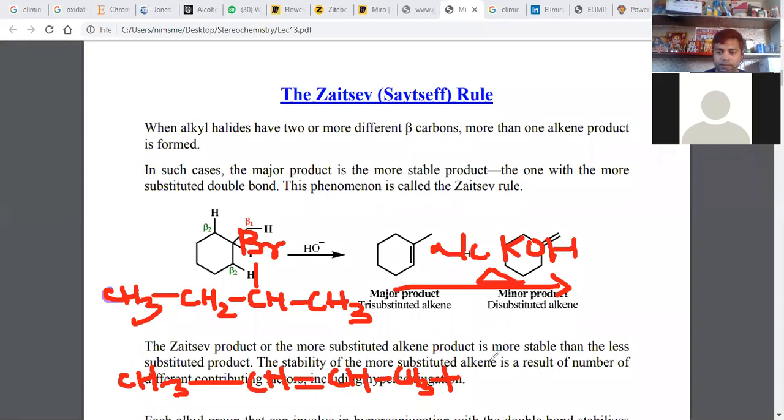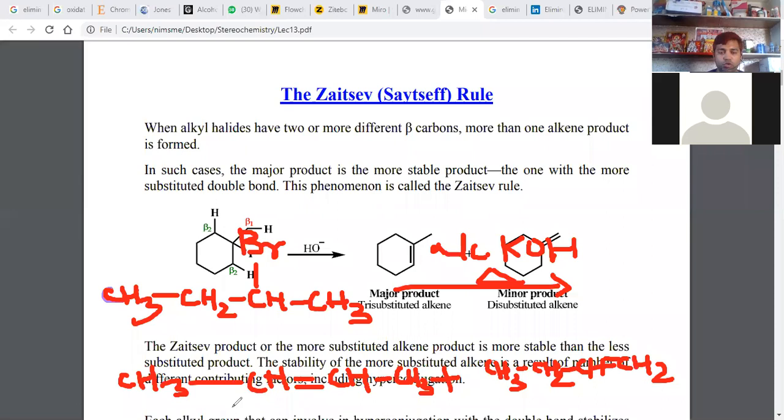Okay, we'll write CH3-CH2-CH=CH2. So this is 2-bromobutane, which undergoes an elimination reaction in the presence of alcoholic KOH. So it forms two products.